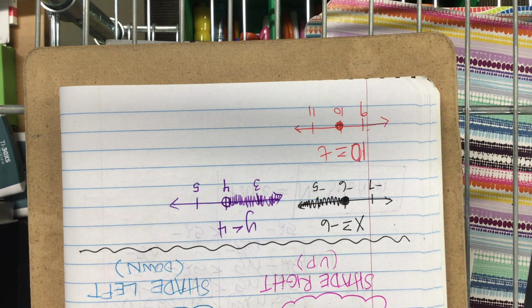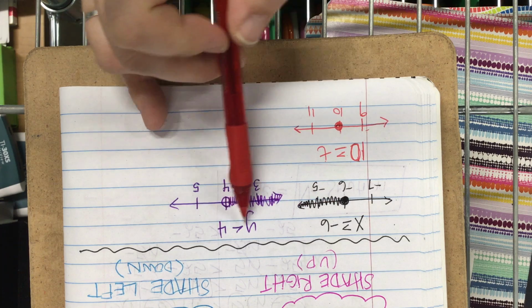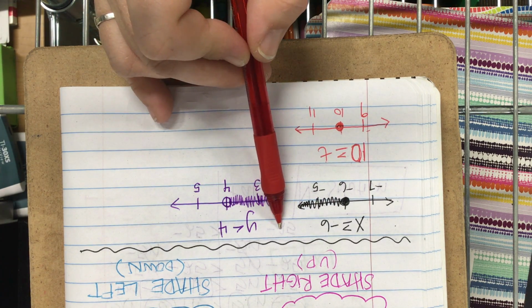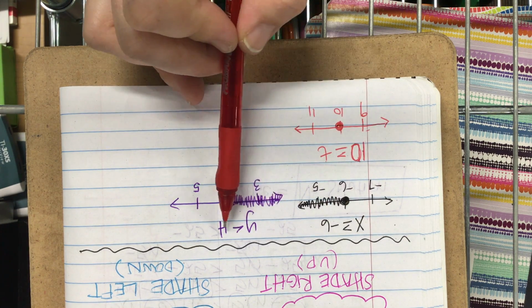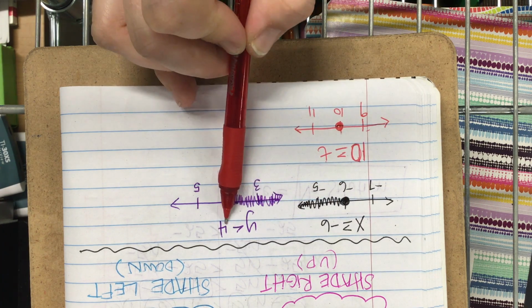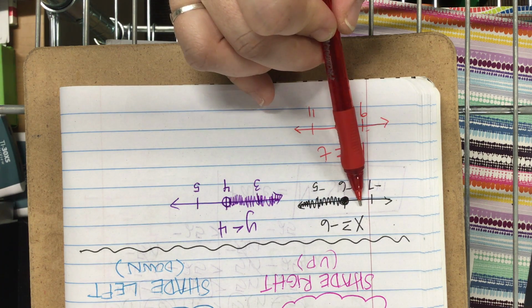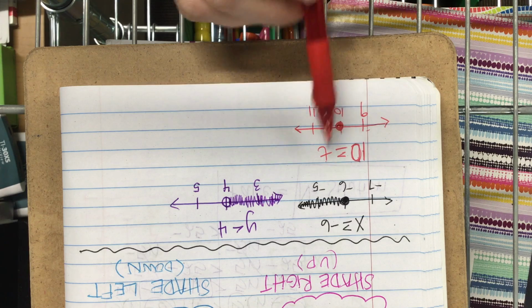Now, some of you may say, Mrs. Long, I noticed on the first two, you shade whichever way it points. Did anyone notice that? Yeah. You shade the way it points. But what do these have in common? The variable comes first. The variable's on the left side.